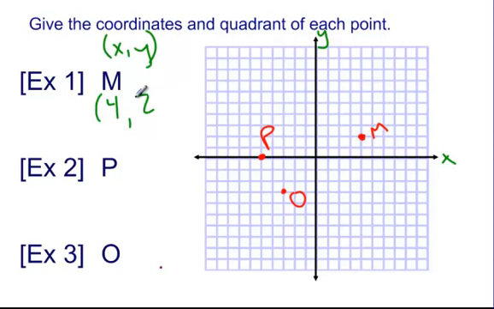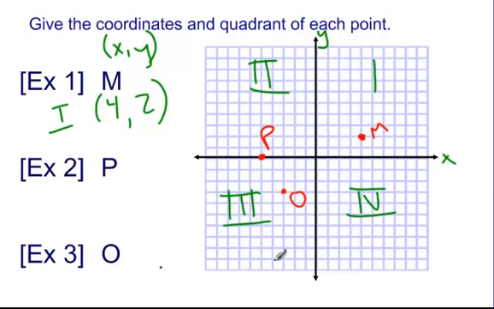So we know that our y is 2, because when you go up, it's positive, down it's negative. And remember the quadrants, let's label them right now. 1, 2, 3, 4. So that's quadrant I. Try numbers 2 and 3 on your own.